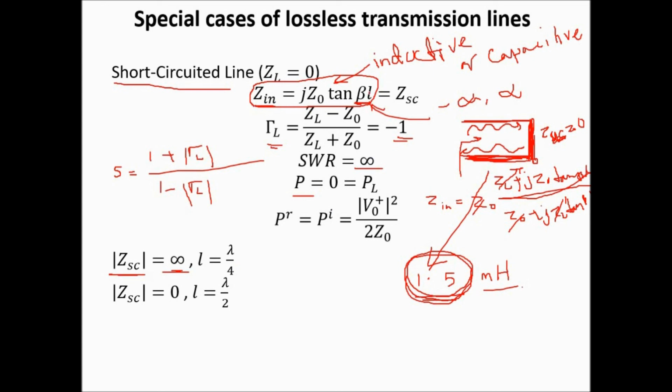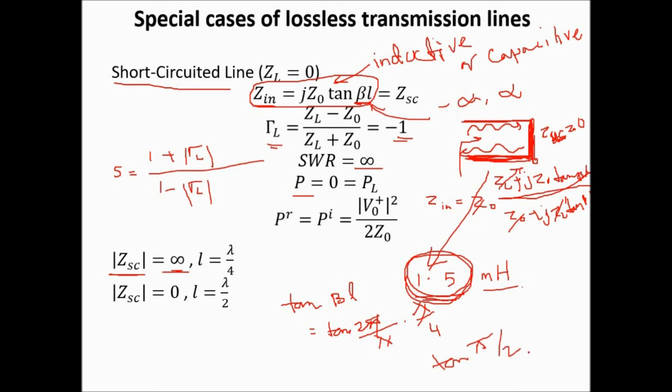As you see, tan beta L, with beta equal to 2 pi over lambda and L equal to lambda over 4, the lambda cancels and 2 and 4 cancel, so we get tan of pi over 2.